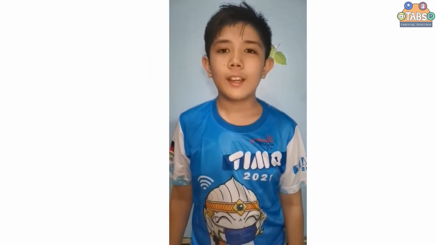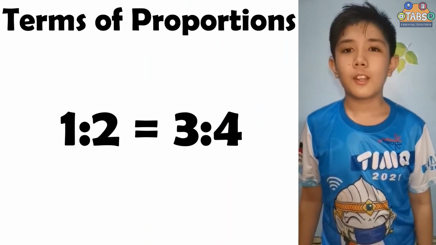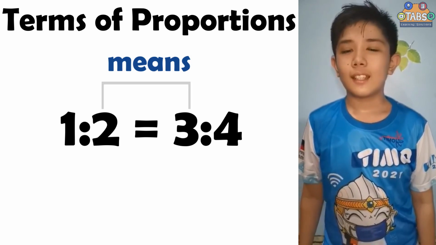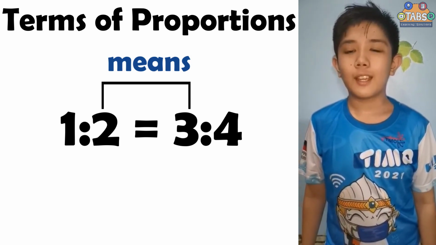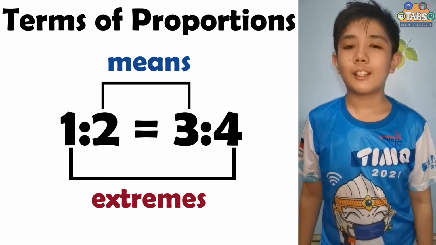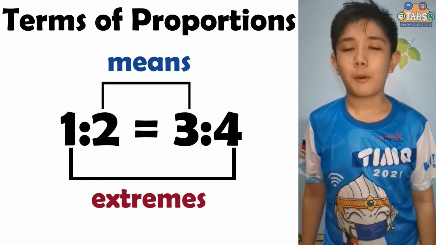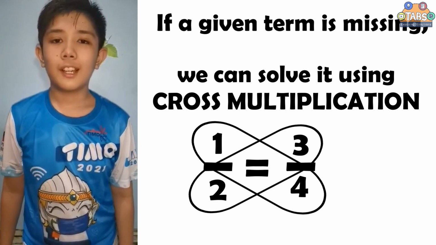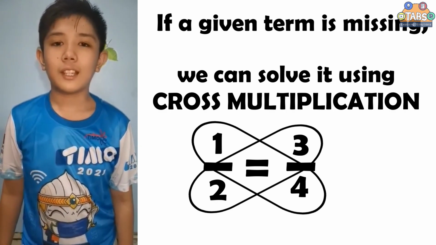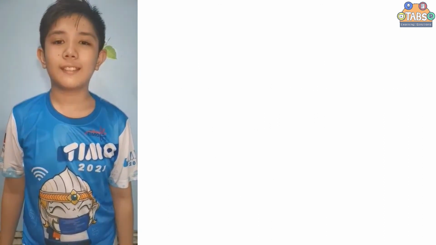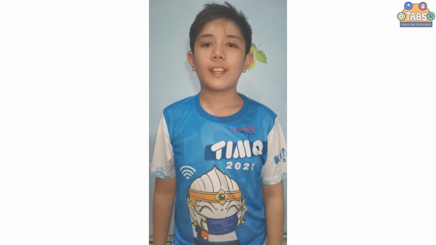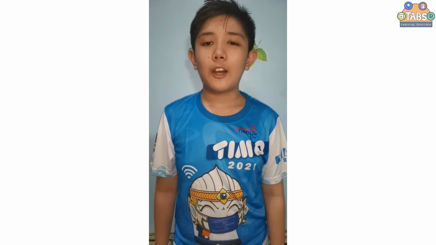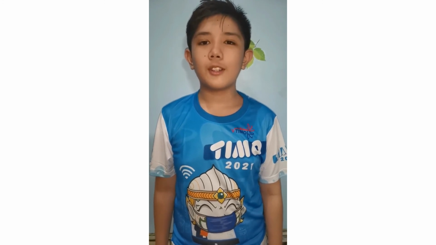And third, terms of proportions, which are means that are the inner numbers and extremes that are the outer numbers in proportion. And lastly, if a term is missing in a given proportion, we can solve it using cross multiplication. And that's it. Now you know ratio and proportion.